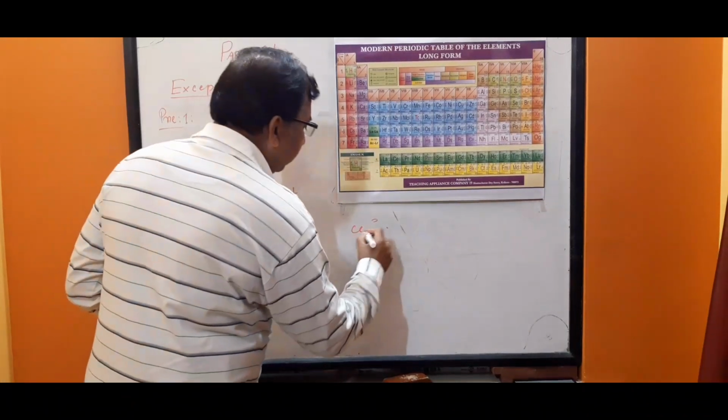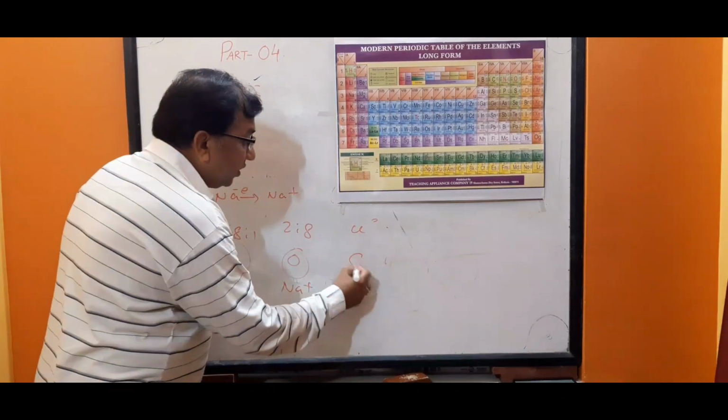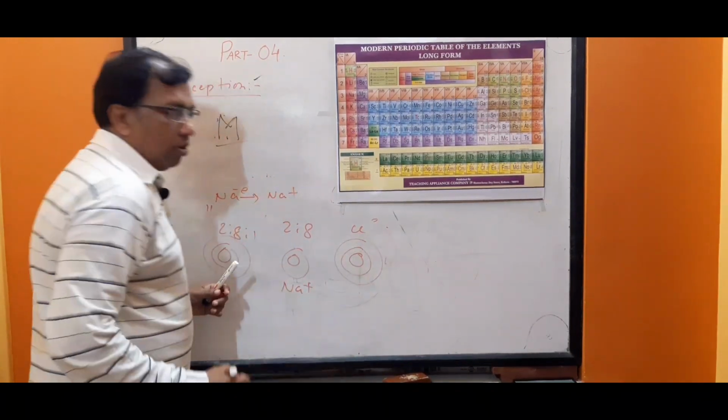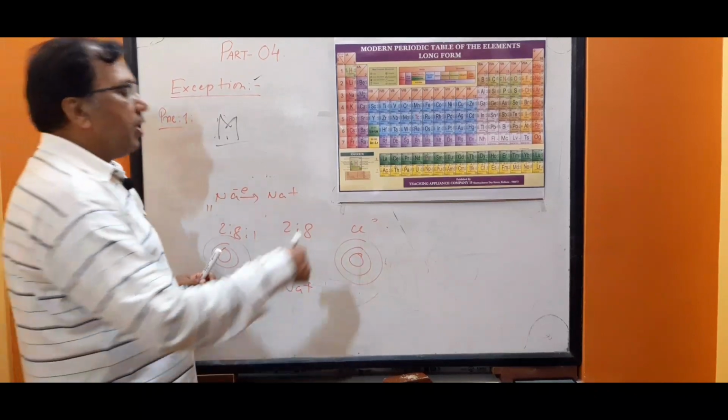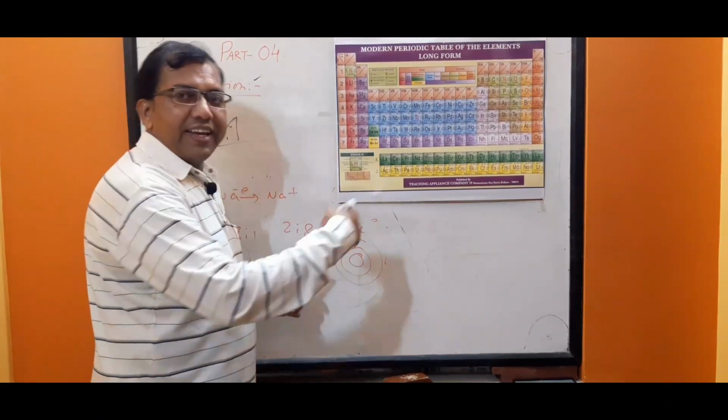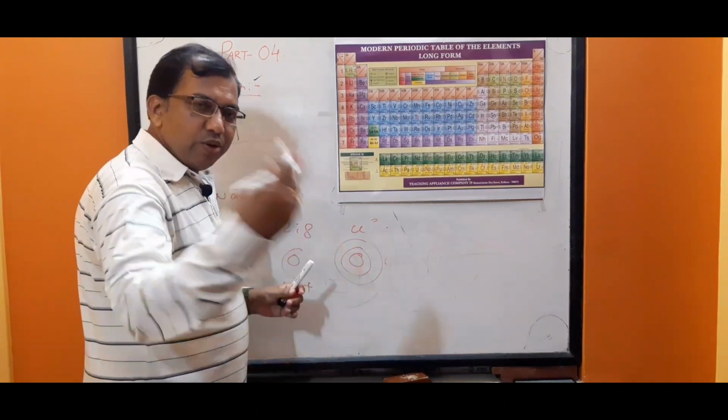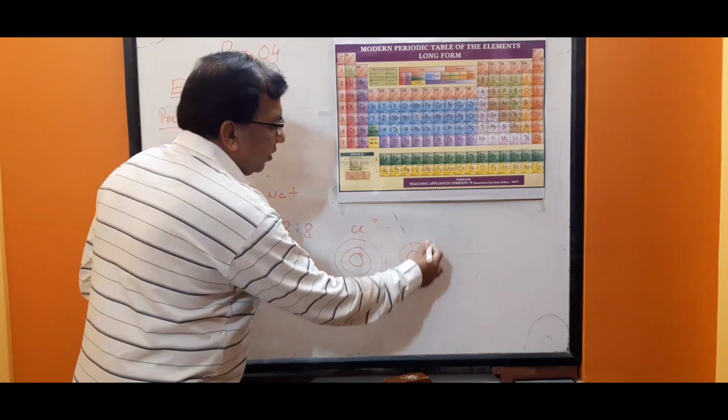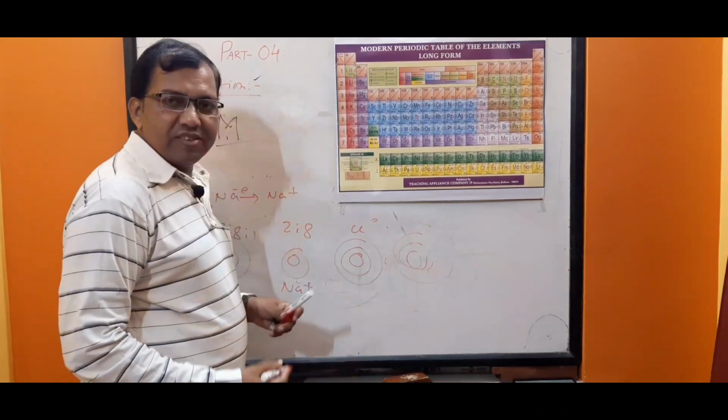Whereas chlorine, how much was it? 2, 8, 7, then again 2, 8, 8, then again it accepted, extra will be added. Okay.